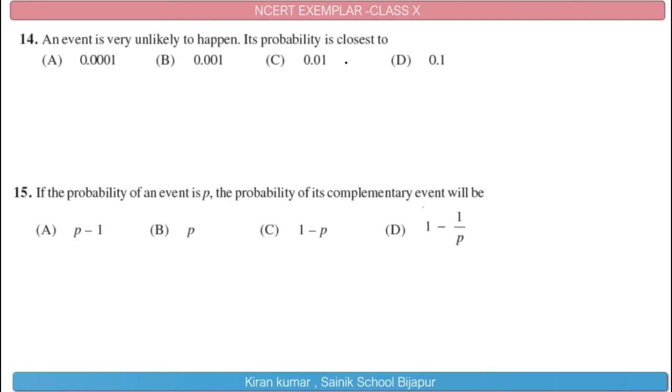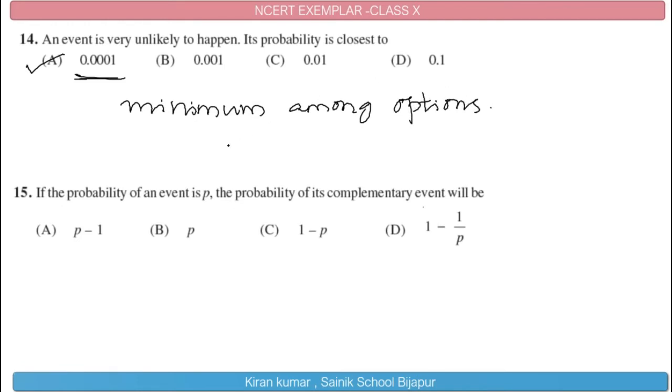Among these options given here, the closest to 0 is option A. We need to choose the minimum among the options, that is closer to 0.